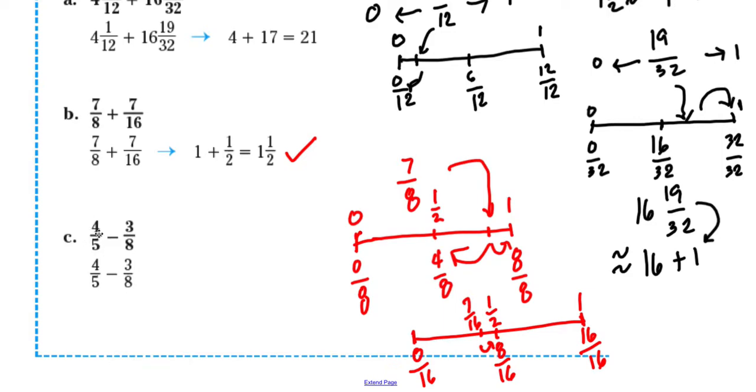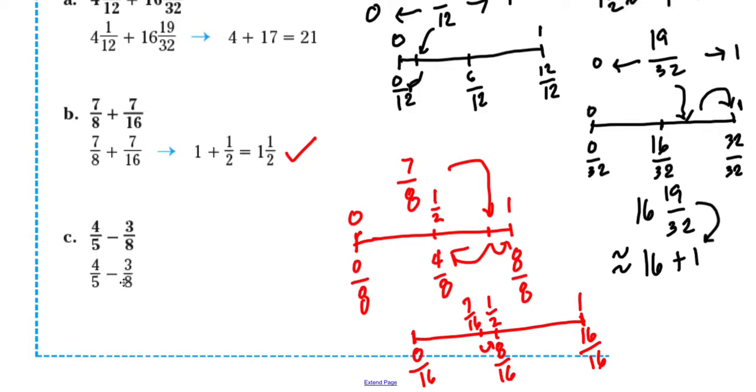So you ask yourself, is 4 closer to 2.5 or is it closer to 5? Because 5 over 5 rounds to 1 and 2.5 over 5 rounds to 1/2. In this case, 4 is closer to 5, so 4/5 rounds to 1.